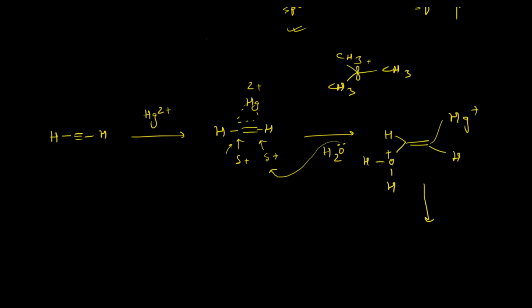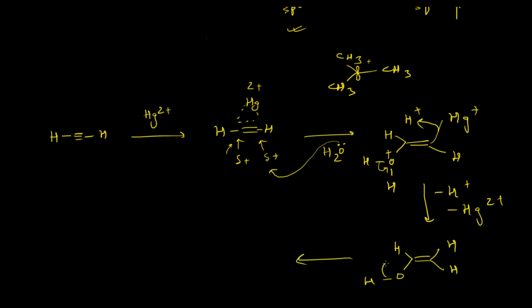Eventually one proton will get out from the system and mercury will be replaced by the proton, and the mercury will also come out from the system as Hg2+, and we will eventually get the corresponding enol as the intermediate.